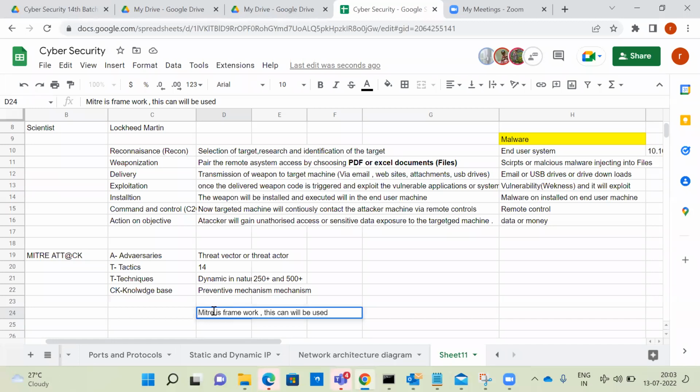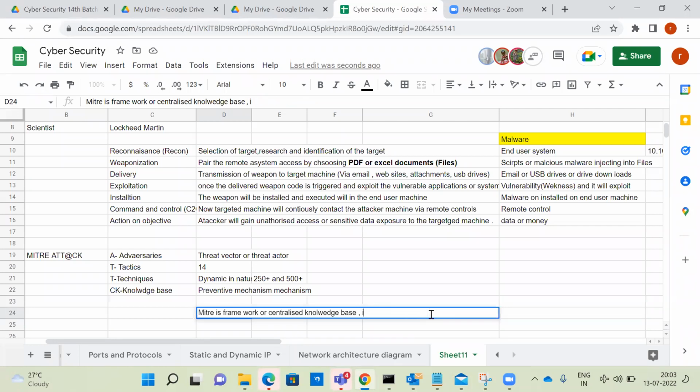So now, how can we define this MITRE? It is basically a framework, or a centralized knowledge base.